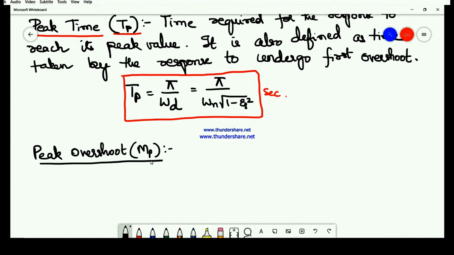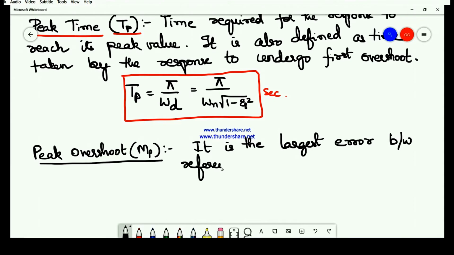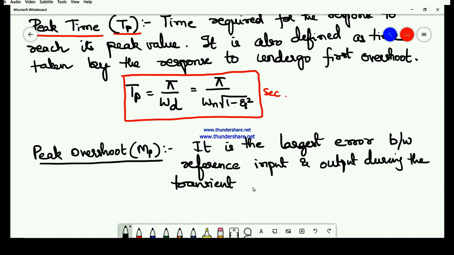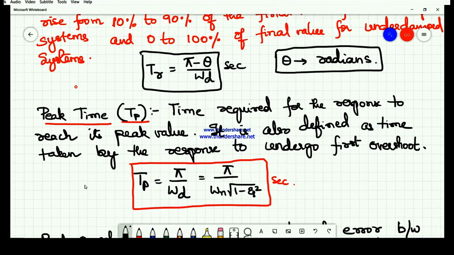The peak overshoot is the largest error between the reference input and output during the transient response or transient period.